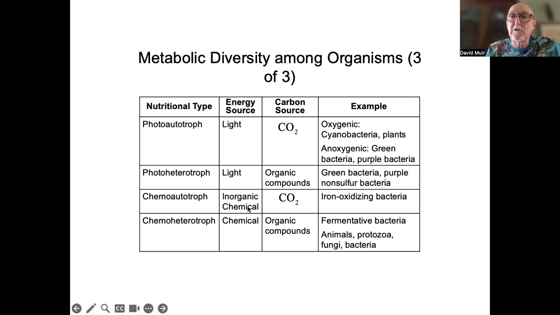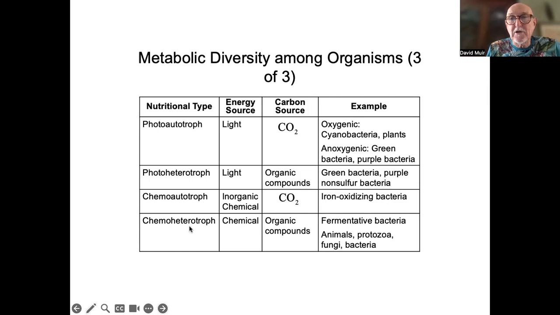It's just that their reducing power comes from somewhere else. And by the way, in the chemoautotrophs, it's not always hydrogen. They can still grab electrons from other things, but it's most commonly hydrogen that they use. A good example is the iron oxidizing bacteria, but there are thousands of chemoautotrophs.